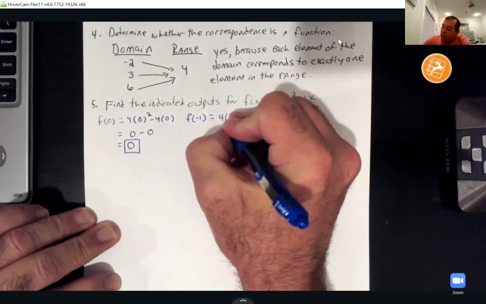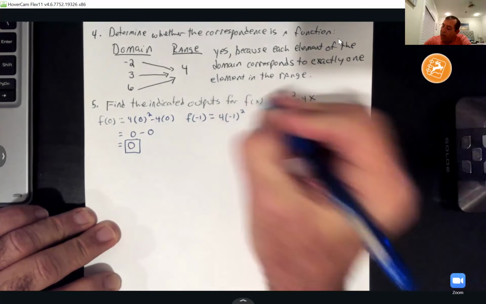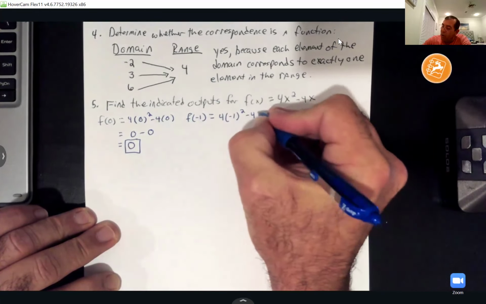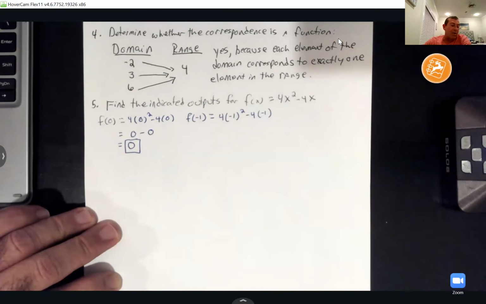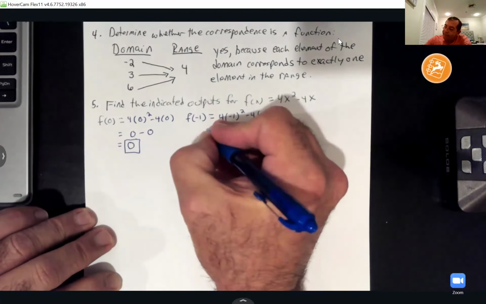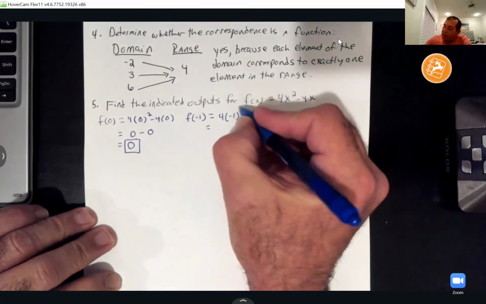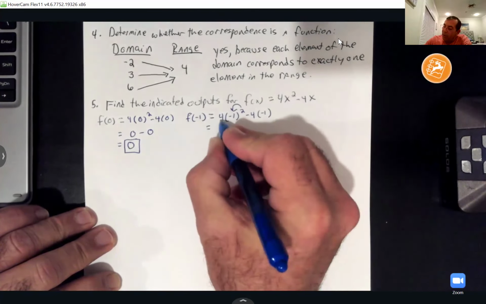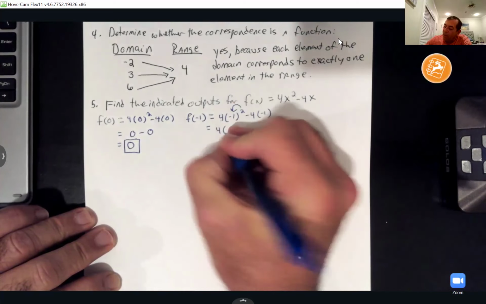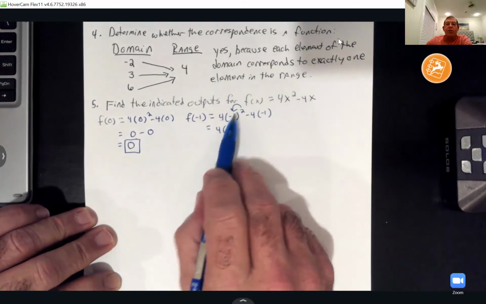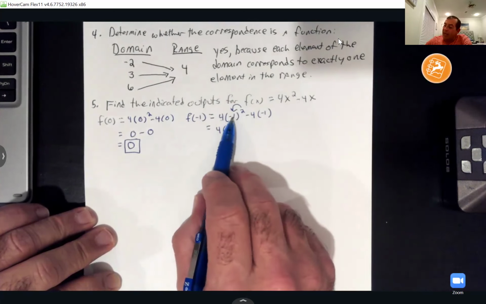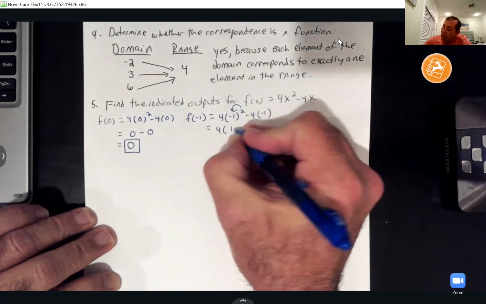So 4 times -1 squared minus 4 times -1. All right, so now I'm going to do my exponent first. So I'm going to bring down that 4. I'm going to hit the -1 and square it. So that's -1 times -1, which is a +1.